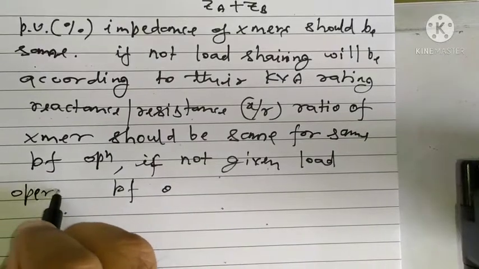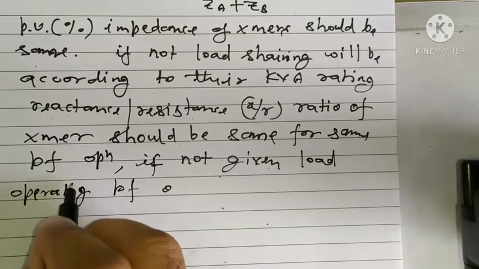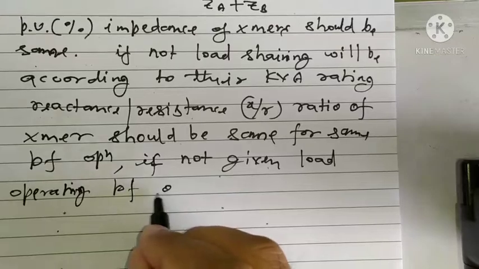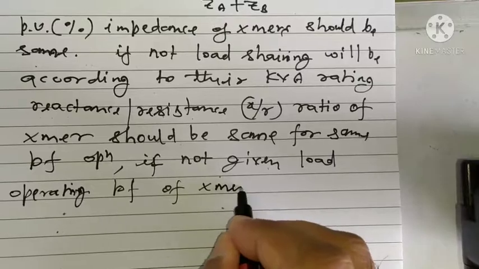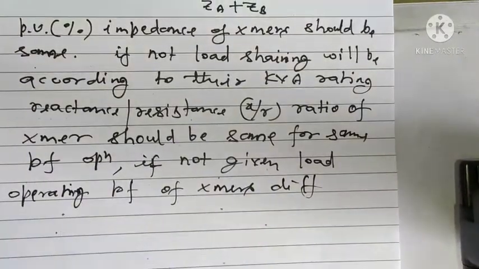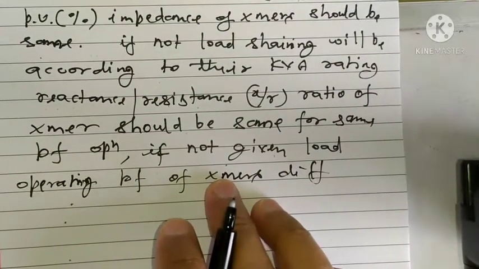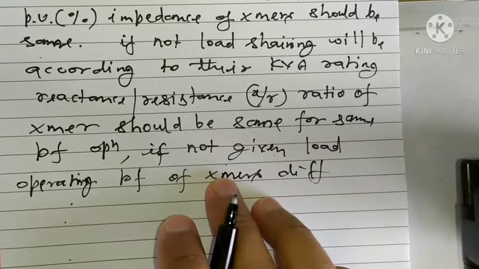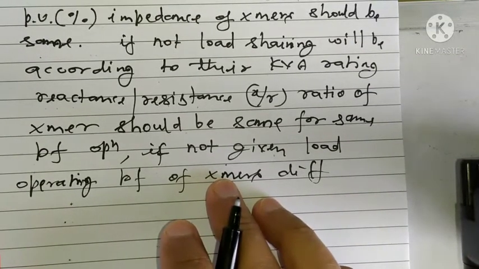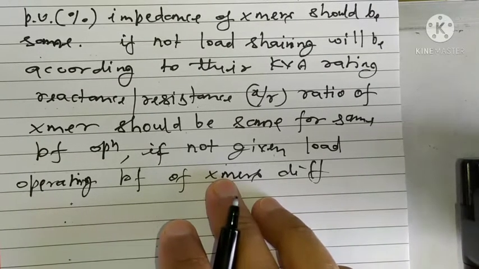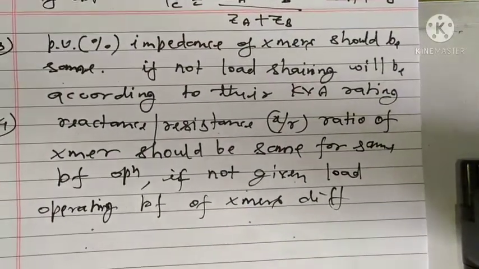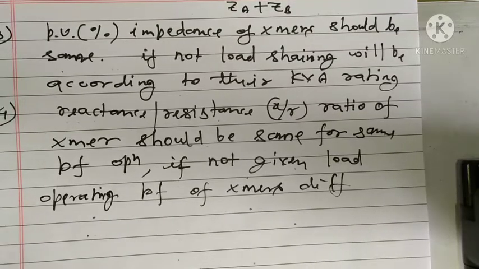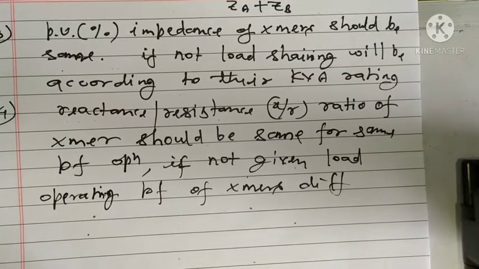So if the X by R ratio is not the same, the power factors of the transformers connected in parallel will not be the same, they will differ based on their X by R ratio. Right? So these are the necessary conditions to connect transformers in parallel.